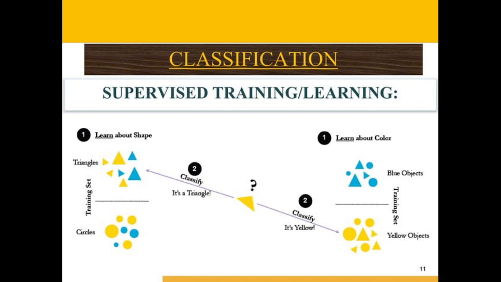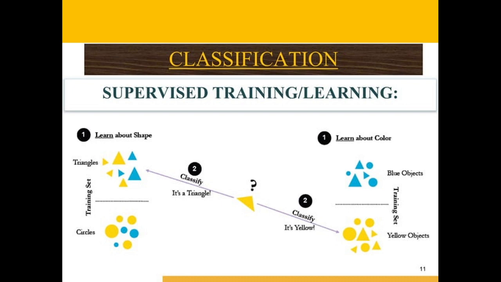One is supervised learning and another is unsupervised learning. You see the algorithm, it is very clear. In the first step, it learns about shapes. The triangles and circles are already classified; the training set is like this. The system is trained with different sizes, alterations and rotations of triangles and circles.